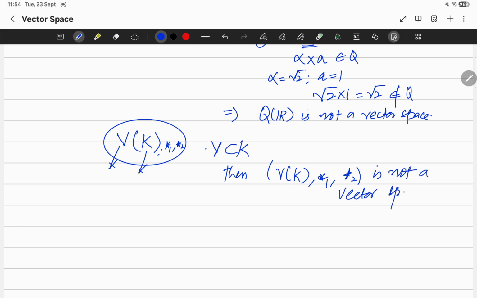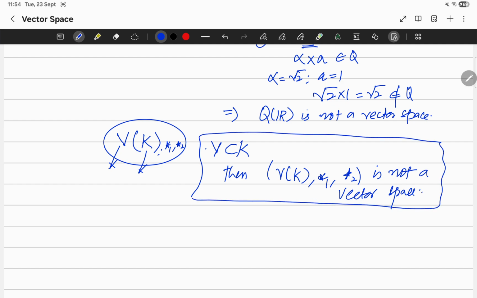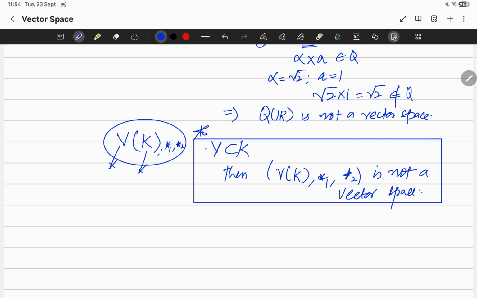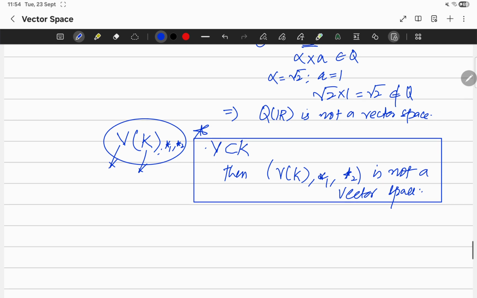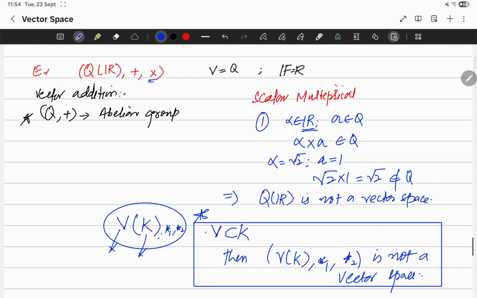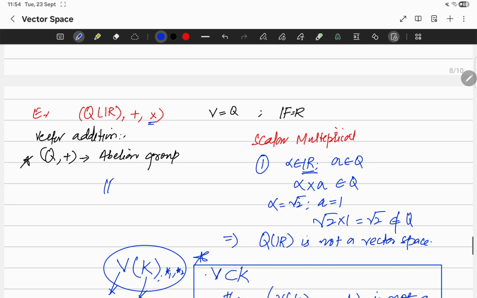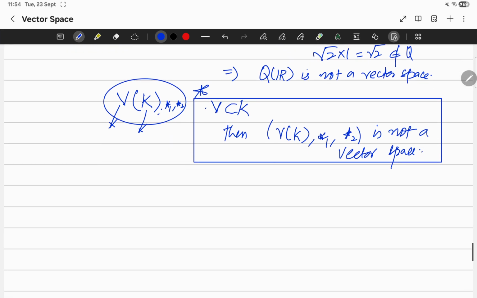It is extra information, but usually you check with the axioms, so you can use this result. If K is a superset of V, then we say that V over K is not a vector space. Here, for example, R contains Q, so that's why Q over R is not a vector space.